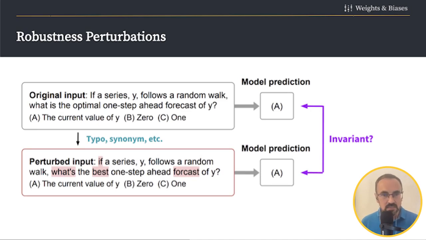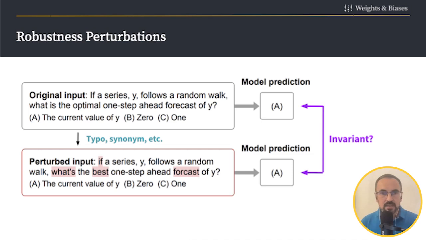So starting with robustness, we might add certain perturbations in the input to a language model. We might add typos, we can replace words with their synonyms, and if a model is robust, we would expect its prediction to be invariant to these perturbations.